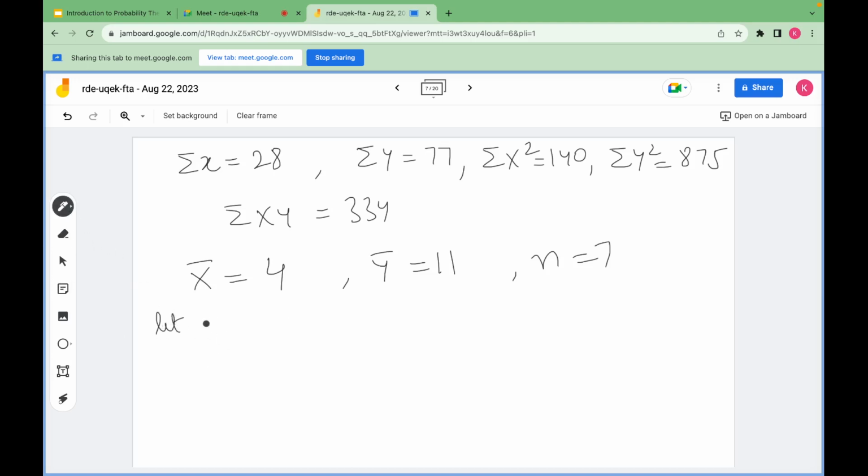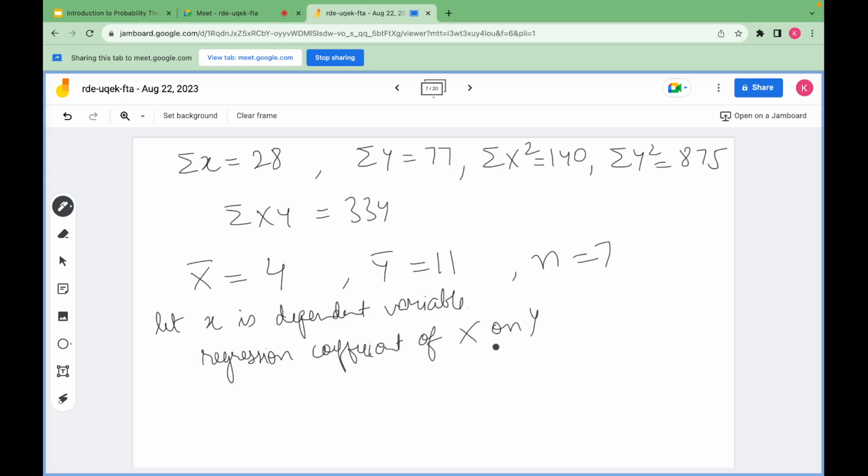So first let x be dependent. We will find the regression coefficient of x on y.